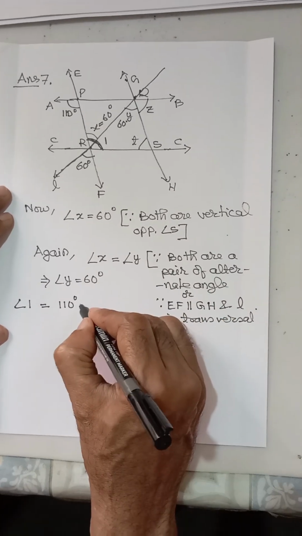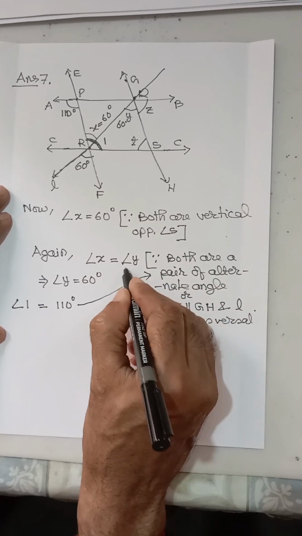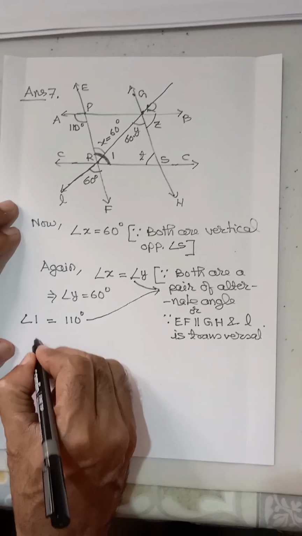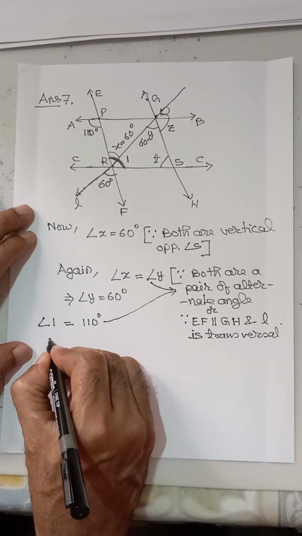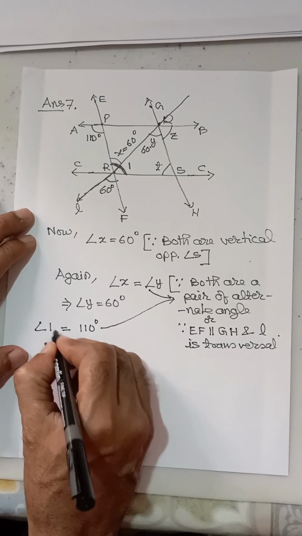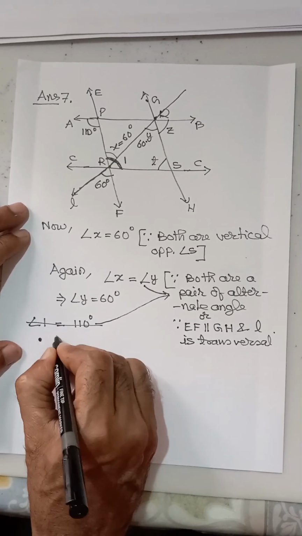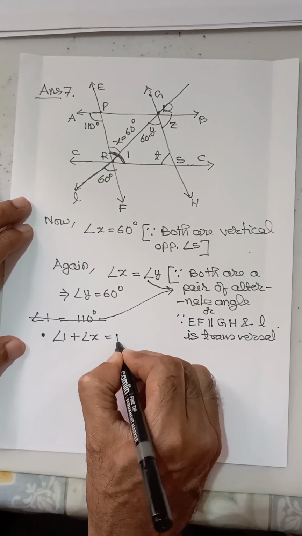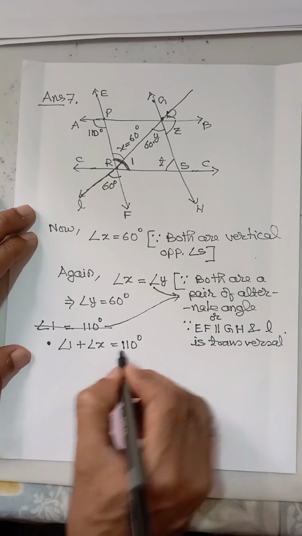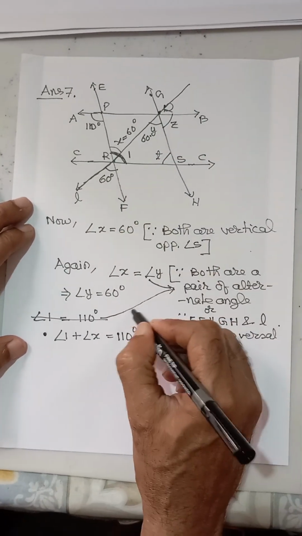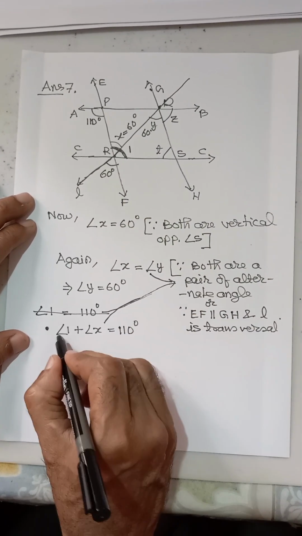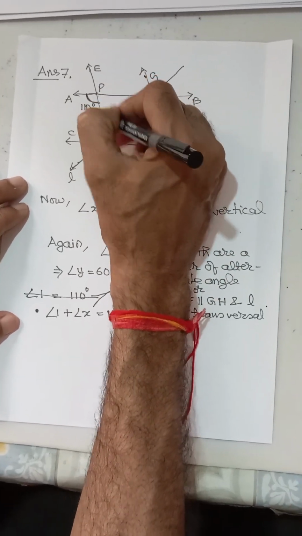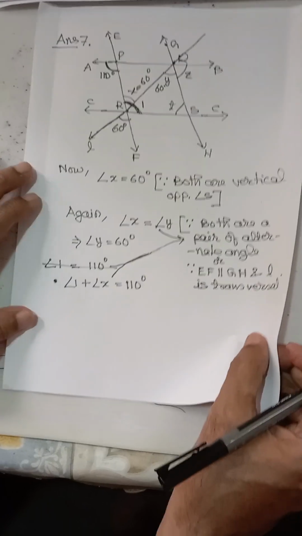Reason is same, both are a pair of alternate angles. Therefore angle 1 plus angle X is equal to 110 degree, because angle 1 plus angle X is this angle and 110 is this, so both are a pair of alternate angles.